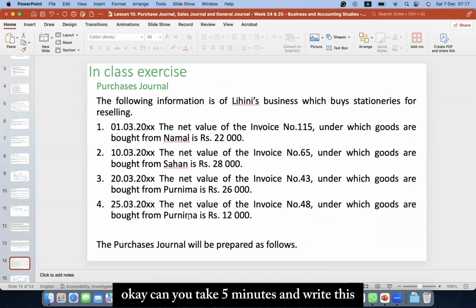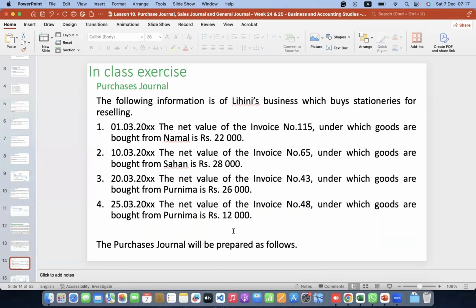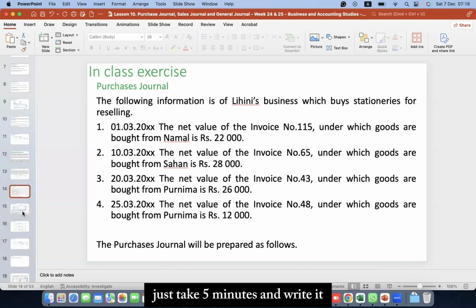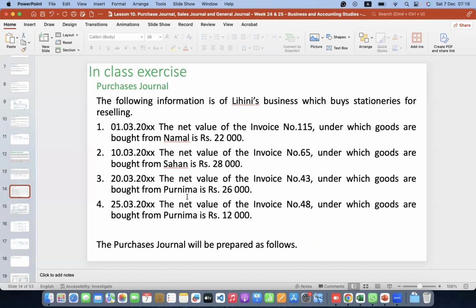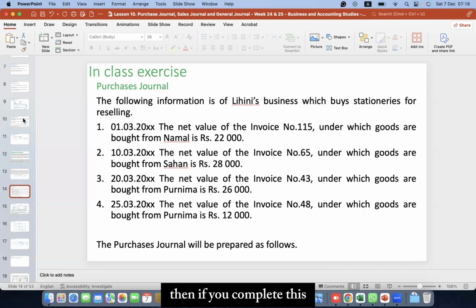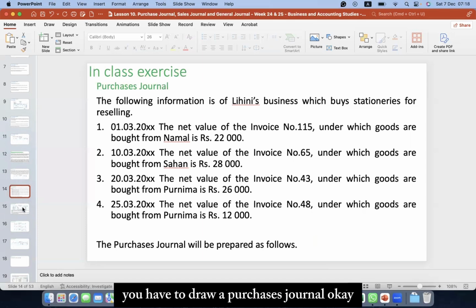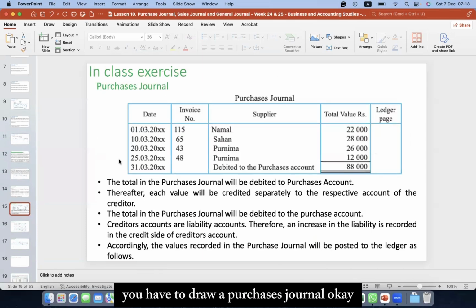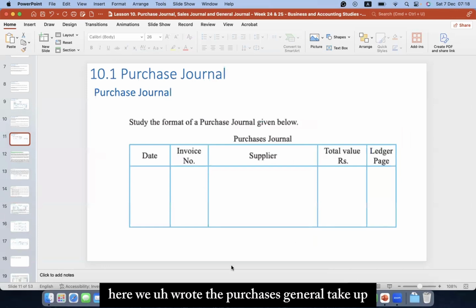Okay. Can you take 5 minutes and write this? And if you complete this, what you have to do is draw a purchaser's journal. Here we wrote the purchaser's journal.